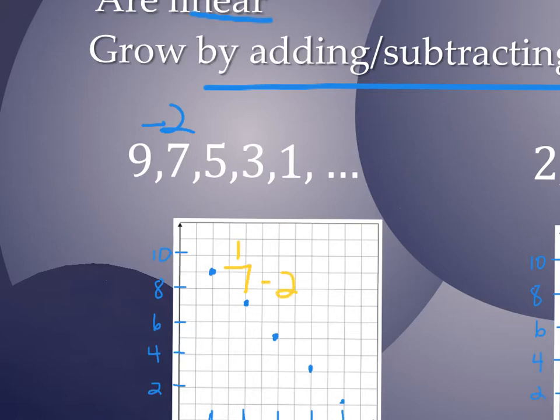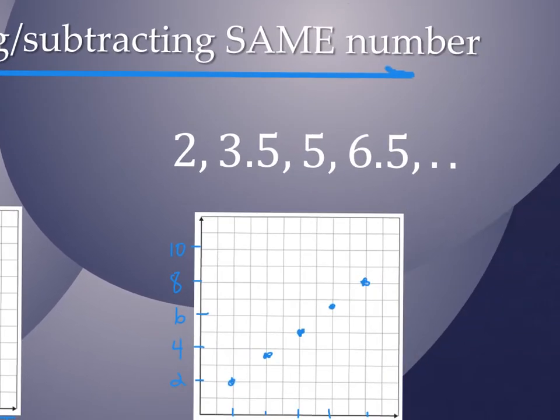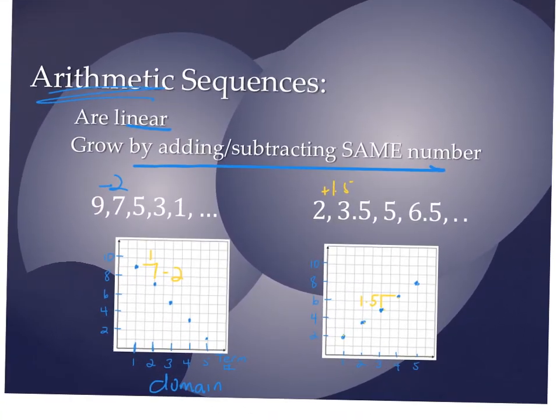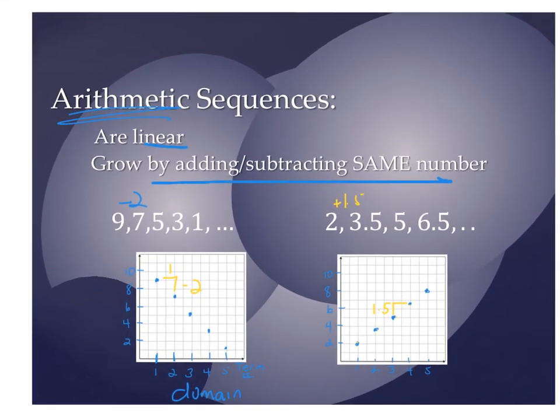And this other one over here has a growth factor, or a slope, or a sequence generator of 1.5, which you can see in a slope triangle right there. But because it is a sequence, we're only going to have these discrete points and not a continuous thing. Arithmetic, linear, whoops, and wonky.